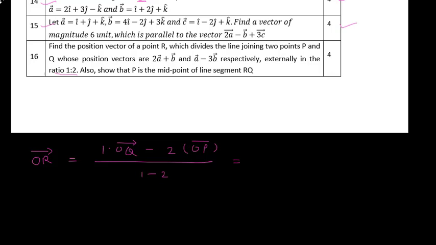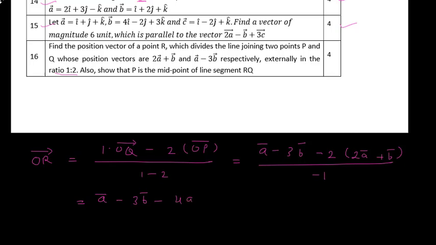So 1 into OQ, and OQ is A bar minus 3B bar, minus 2 times OP, which is 2A plus B, whole divided by minus 1. So this OR bar is A bar minus 3B bar minus 4A bar minus 2B bar, and whole divided by minus 1.